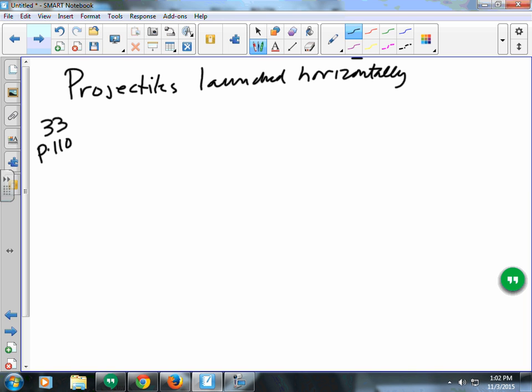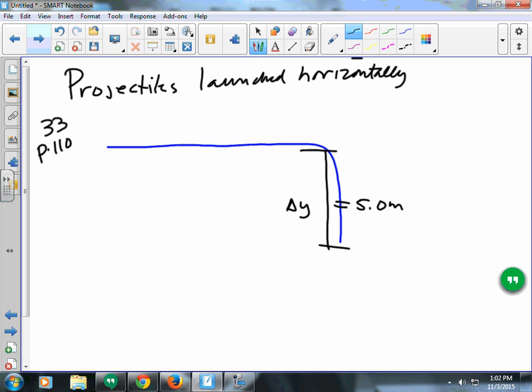Okay. So let's draw it out. Waterfall, right? All right. What's the delta y of that waterfall? 5? Didn't it say 5 something? Yep, 5 meter. Okay, so the delta y of these two boats is going to be 5 meters.